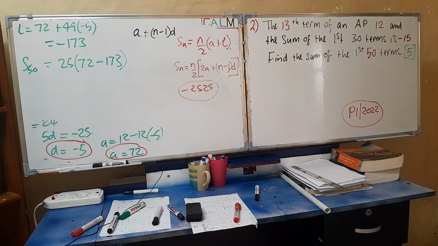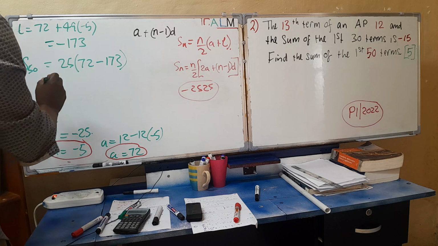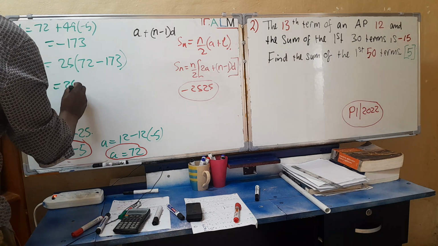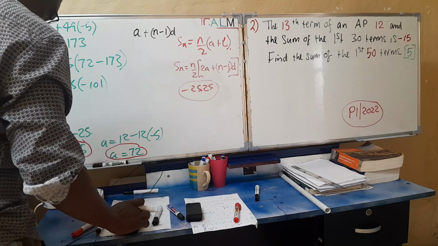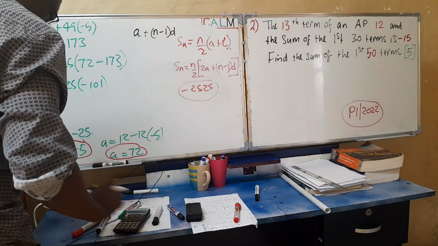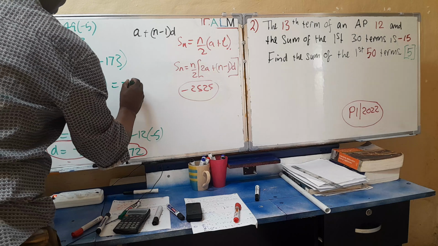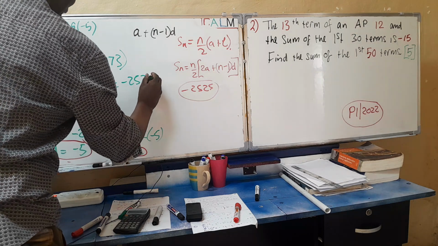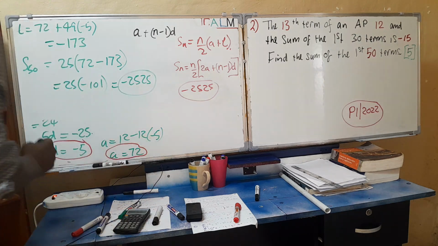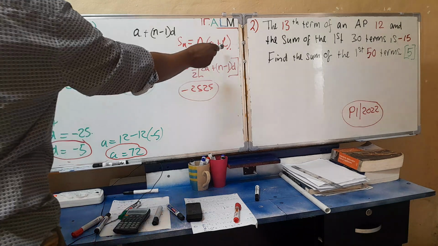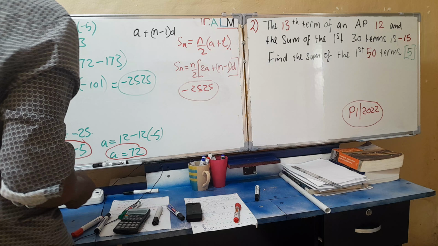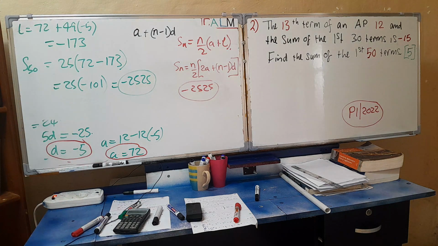It gives us a minus 101, which is equal to 25 multiplied by minus 101, again, times 25, which is that, we get minus 2,525. So depending on the information provided, you are free to use this or to use that. They bring you to the same answer.